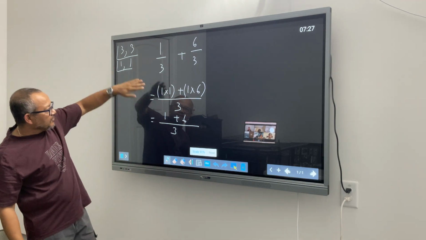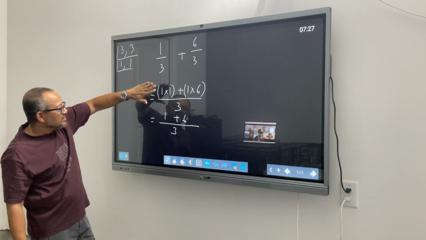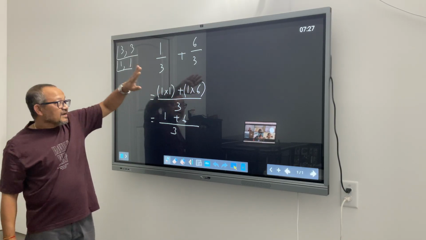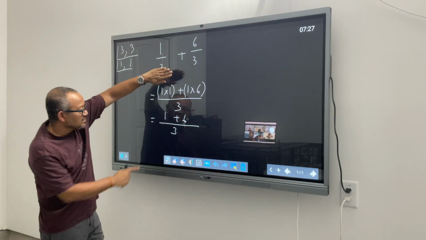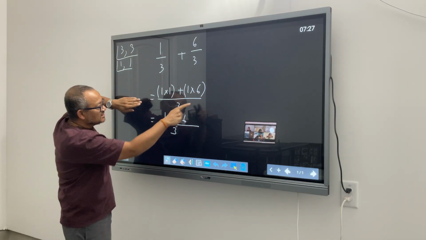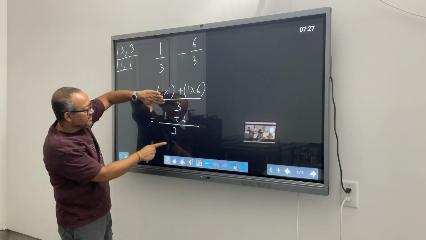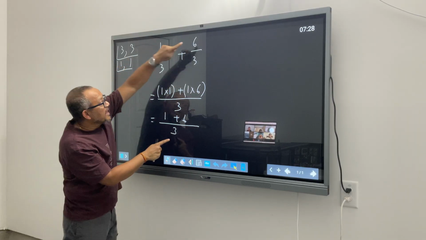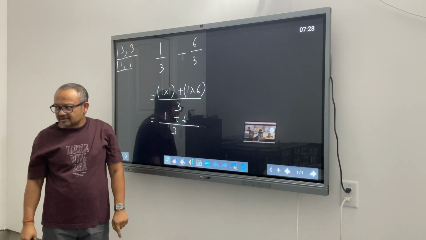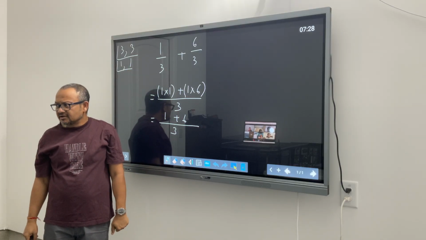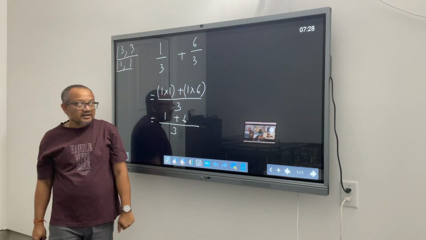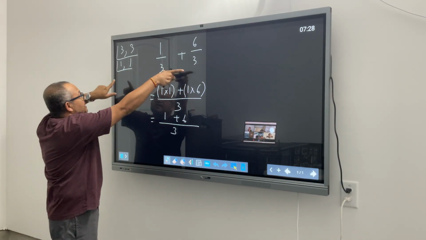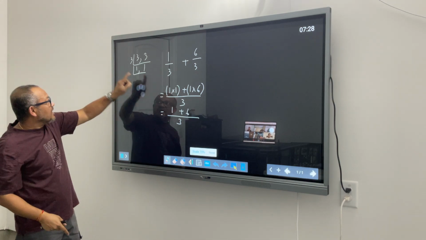If you look at it carefully, all that I am doing here is a waste of time. If I have the same denominators, I can literally skip this step and go straight here. If I have the same denominator, I'll put that as the denominator and add these two numbers. Does it sound okay? If I find the LCM for 3 and 3, my LCM is also 3.